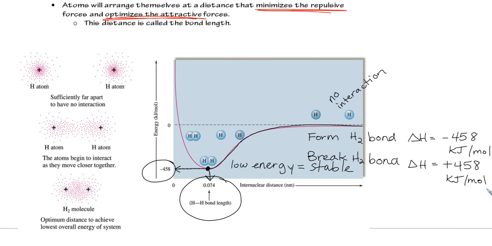Now notice too, if I start bringing those 2 hydrogen atoms too close, yikes, too close. Look what happens to the energy level. Now it increases. If we're at a high energy level, that's unstable.